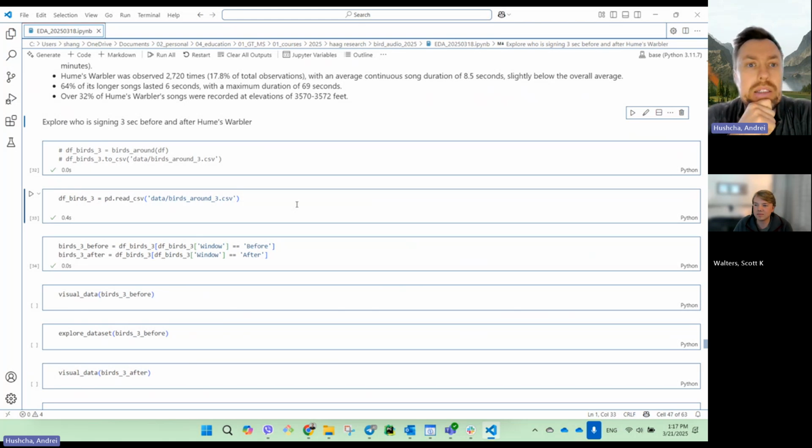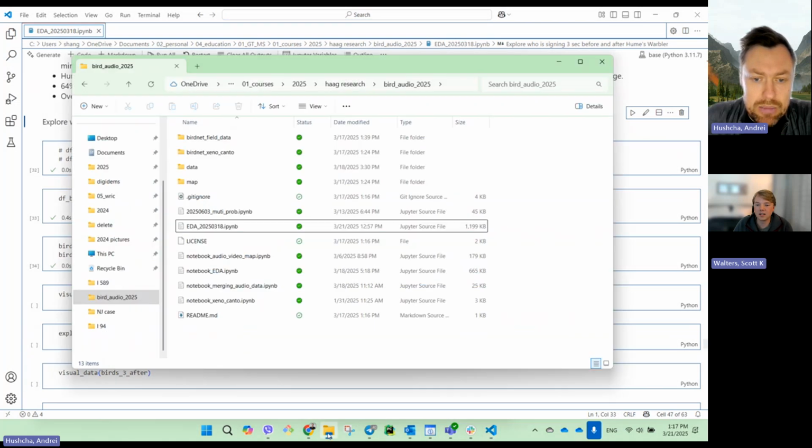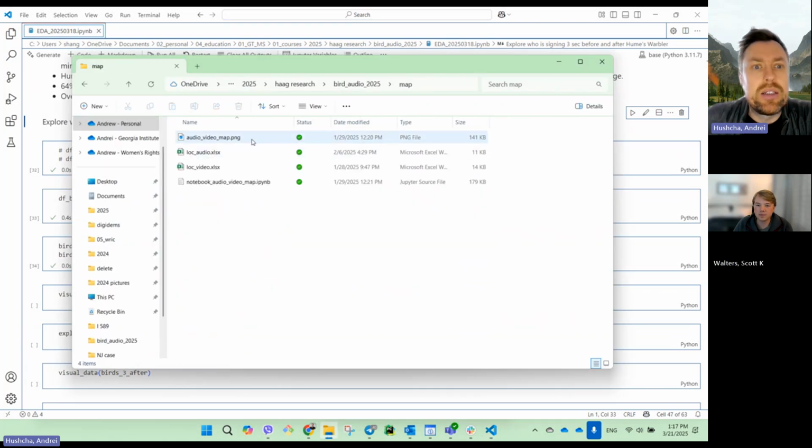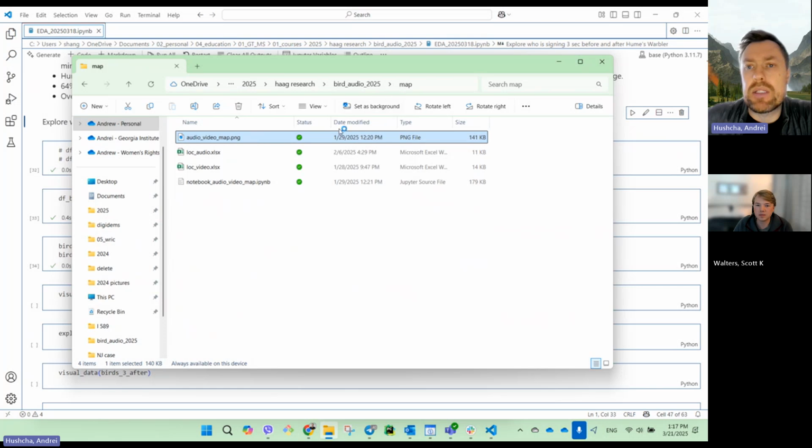That's pretty much what we got for the whole situation in this area. I'm also going to share the maps from last time. I've done it, but I haven't connected it yet.